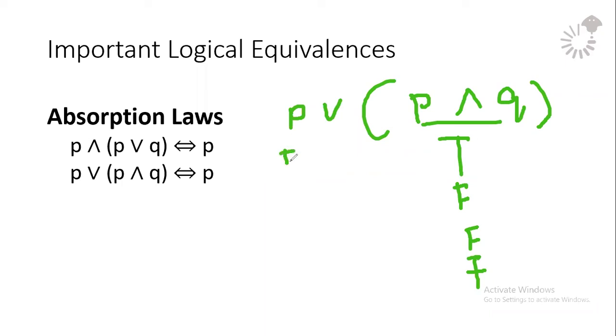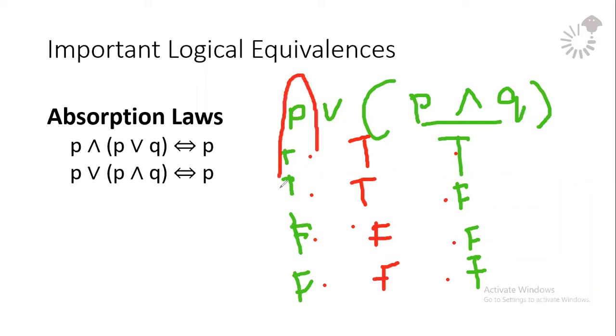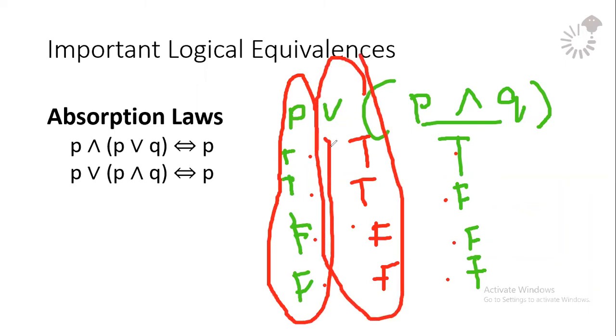The value of P is true, true, false, false. Now, if you ignore it, true or true is true, false or true is true, false or false is false, false or false is false. The value of P is true, true, false, false, and that is also the value of the statement: true, true, false, false. Equal? Equal. So, when it's like this, absorption, it's just P.